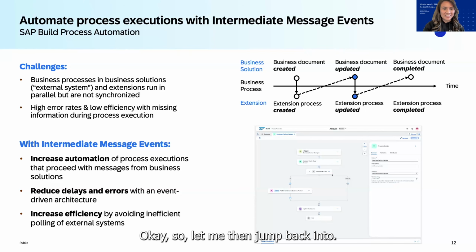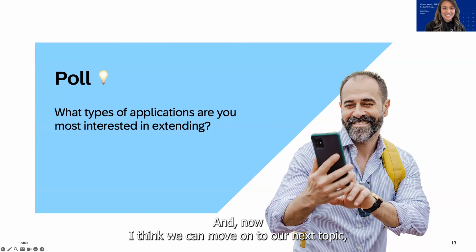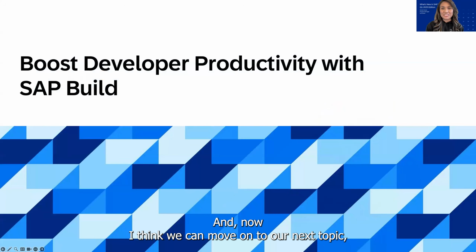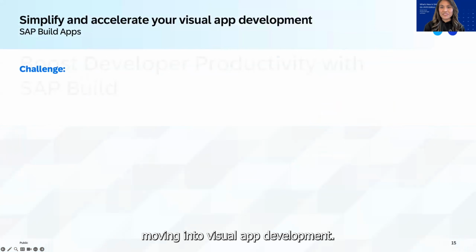Okay, so let me jump back into our demonstration, and now I think we can move on to our next topic, which is all about boosting developer productivity with SAP Build. So, moving into visual app development.